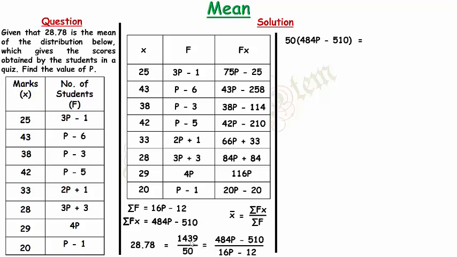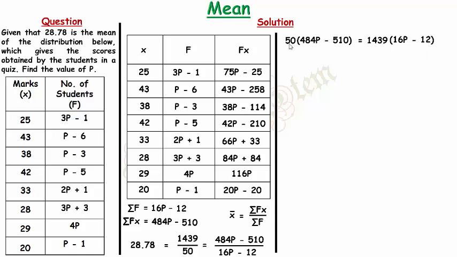Then I'll multiply the numerator of the left hand side, which is 1439, by the denominator of the right hand side, which is 16p minus 12. Of course, I'll enclose it in a bracket.